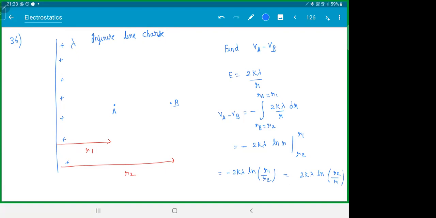Turn the page. Next one. E is 0, V is 0. E is 0, V is not 0. E is not 0, V is 0.